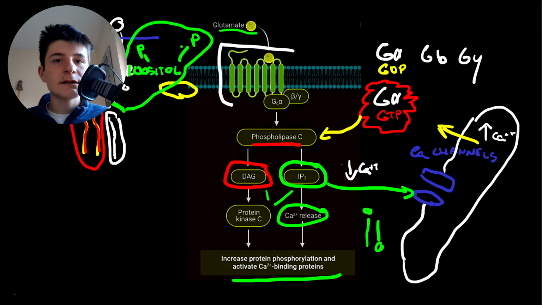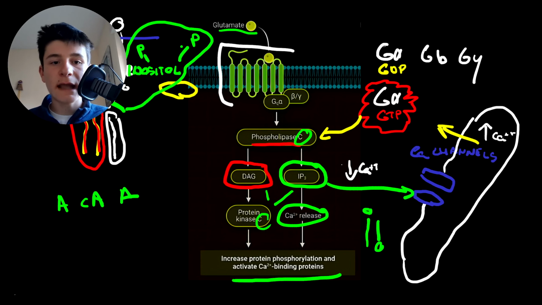Protein kinase C is similar to protein kinase A that we saw in the previous video about cyclic AMP, and it's quite simple to remember because here we have phospholipase C and then protein kinase C. In the previous video, with cyclic AMP, we had adenylate cyclase, so A, cyclic AMP, and protein kinase A. So it was quite simple. Anyway, this is an overview of this pathway involving phospholipase C and diacylglycerol.